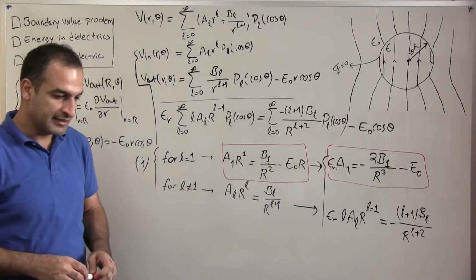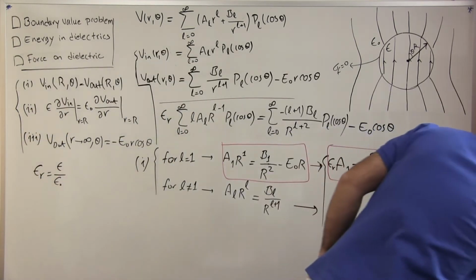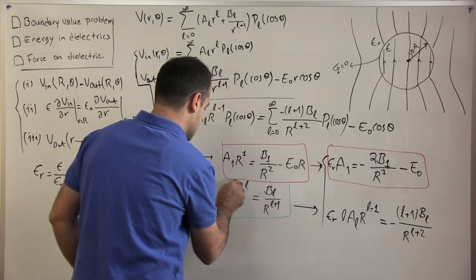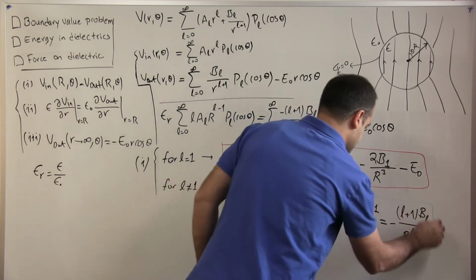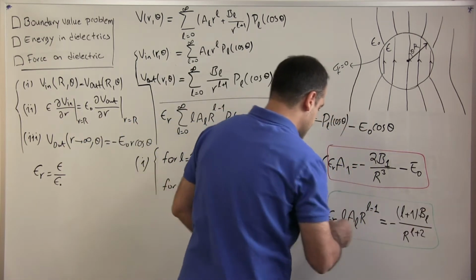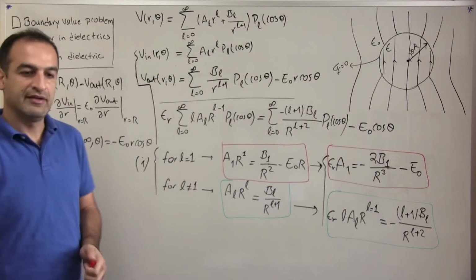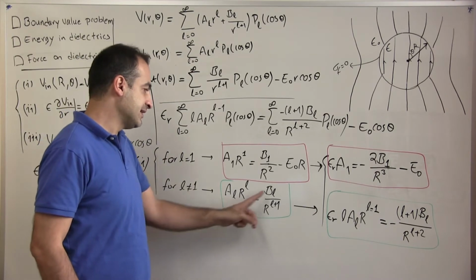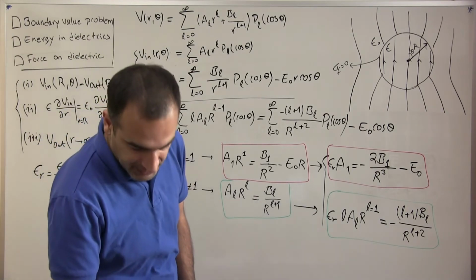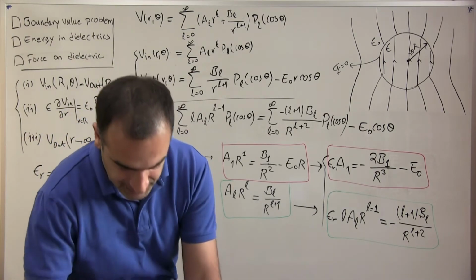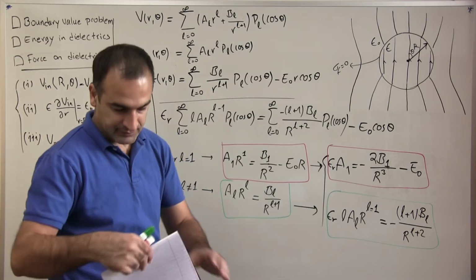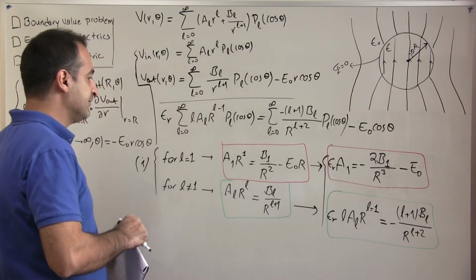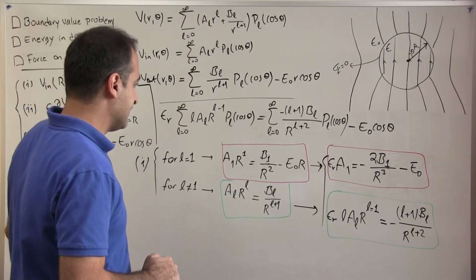And also, this one and this one combined give me two equations for two unknowns. What are the two unknowns? AL and BL values. So from this, we can solve for A1, B1, and AL, BL.